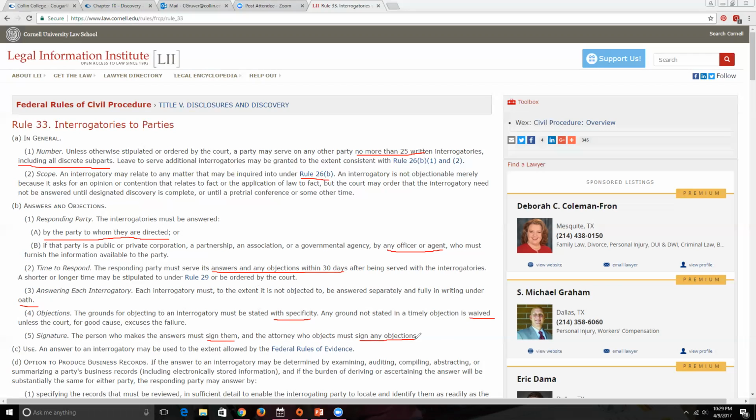So the client, the party, is responsible for the answers ultimately, even though very likely the attorney and/or the paralegal are the ones who actually wrote them based upon the information from the client. But of course the attorney is the one who's responsible for the objections. Let's see if there's anything else of significance.